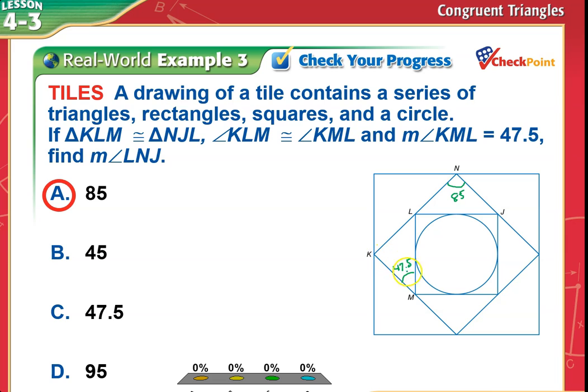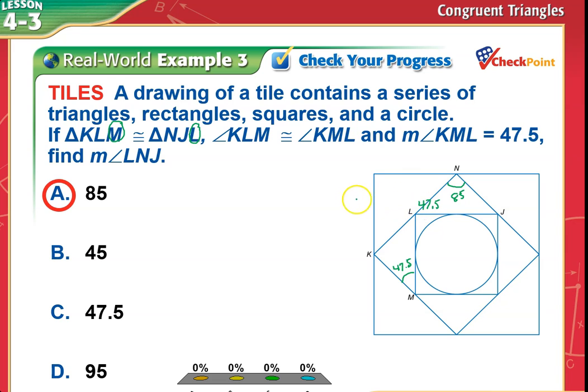Okay, we know that angle, we'll call it angle M, is going to be congruent to the angle L, as you can see here. So we know that the angle L has to be 47.5 degrees.